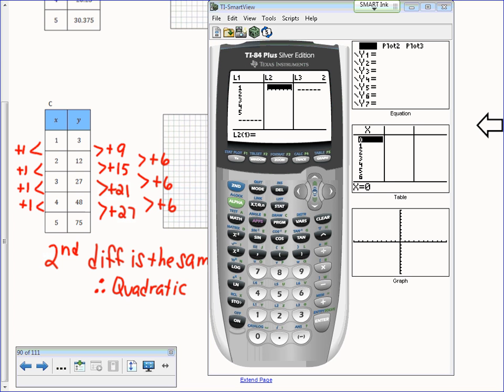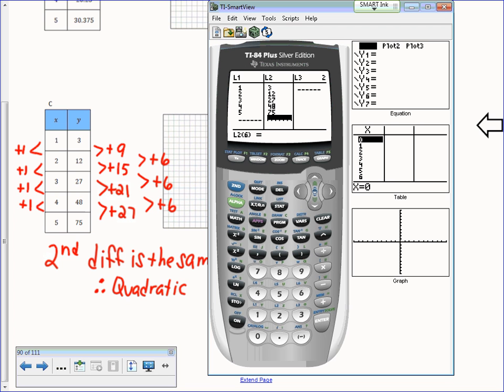Okay, so now I'm going to enter in my second list. So I have 3, 12, 27, 48, and 75. Now, if you get a mismatch error, that means that your list 1 and list 2 have somebody that's not matching. Make sure you have the same number in L1 and L2.